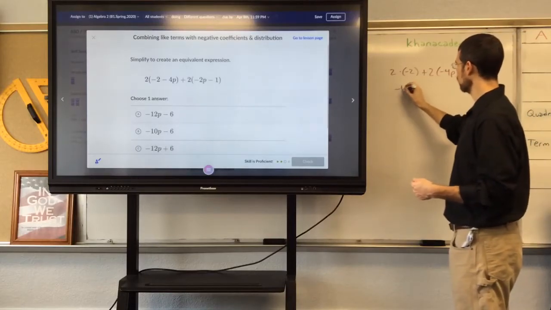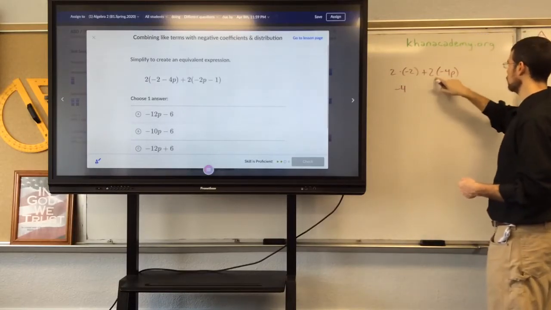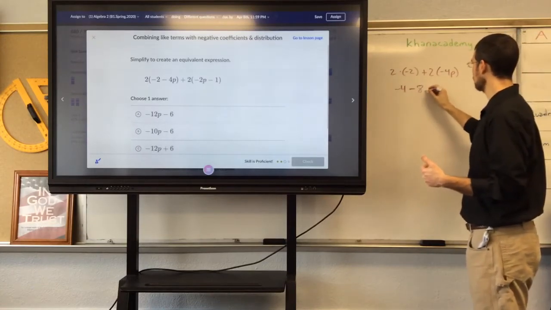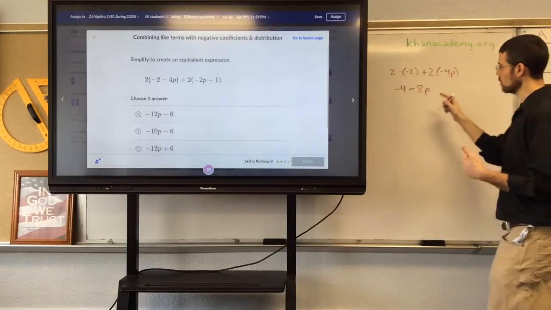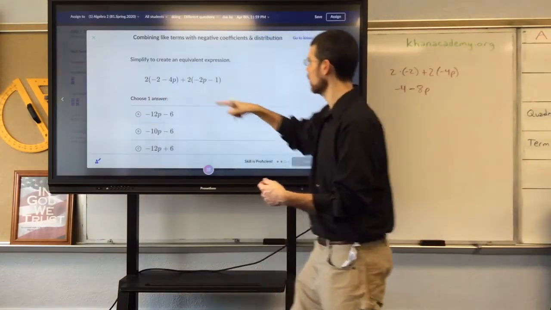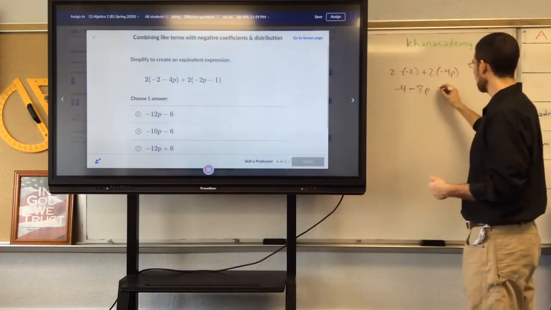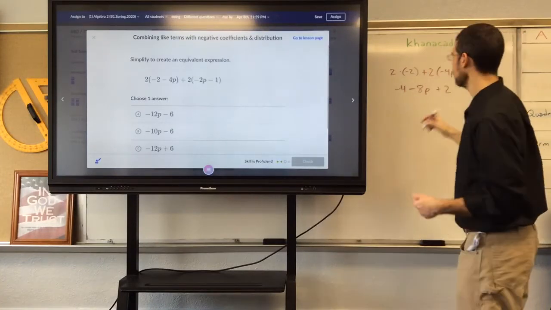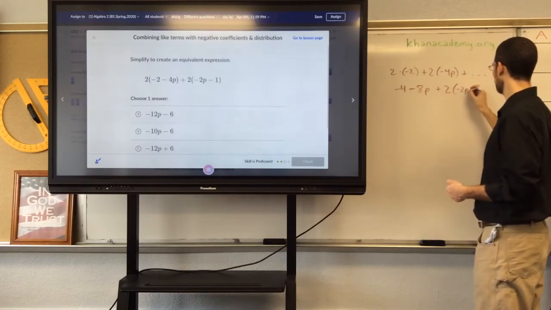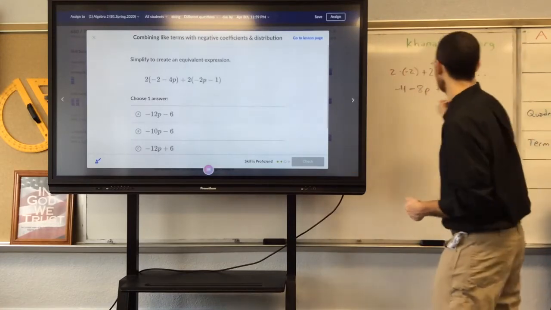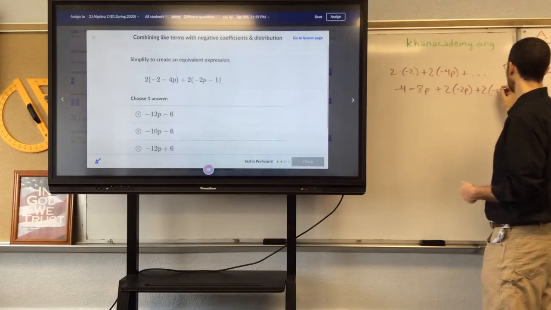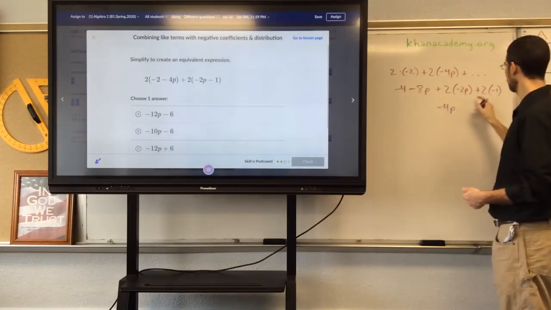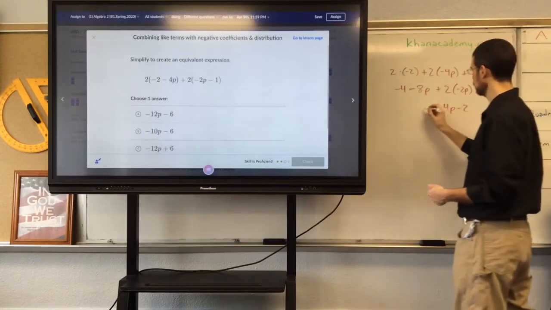That's 2 times negative 2 is negative 4, plus 2 times a negative is subtraction. 2 times negative 4 is negative 8 times p. So this is our first term here. And then we're going to add to that 2 times negative 2p and 2 times negative 1. 2 times negative 2p is negative 4p. 2 times negative 1 is negative 2.